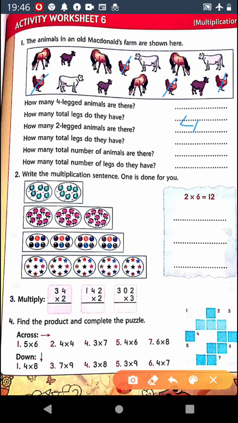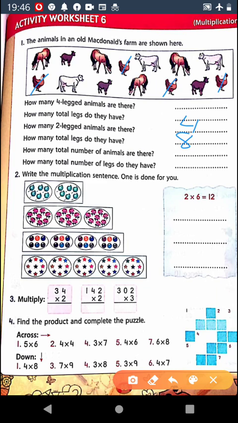Now how many total legs do they have? Two-legged animals means animals having 2 legs. So there are 4 two-legged animals, so total legs would be 2 into 4 is equal to 8. So they have 8 legs.